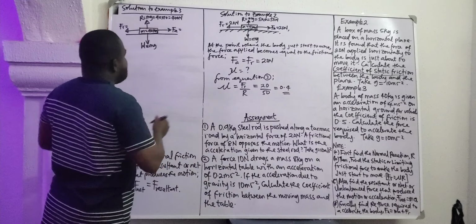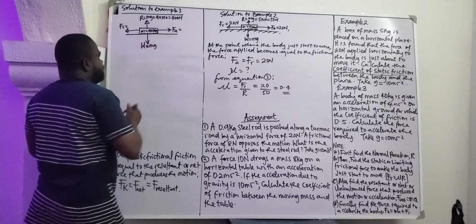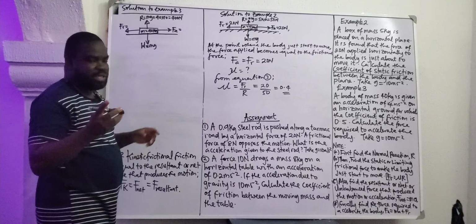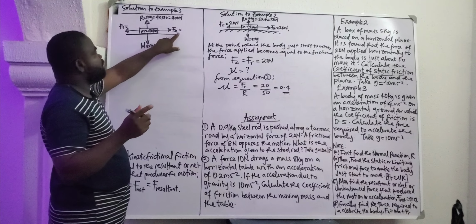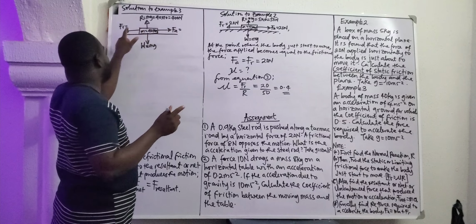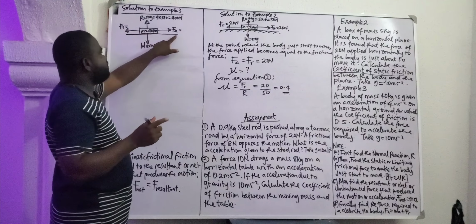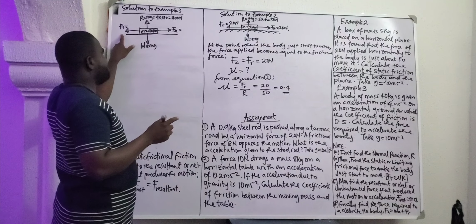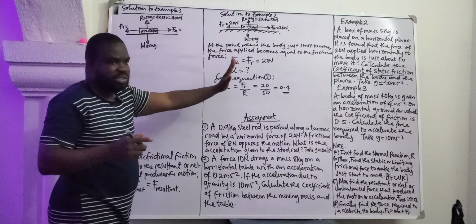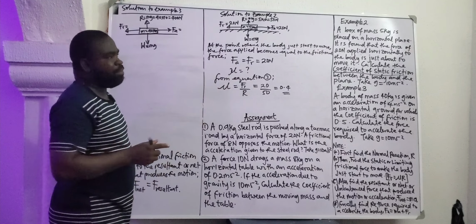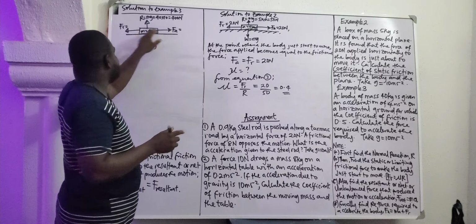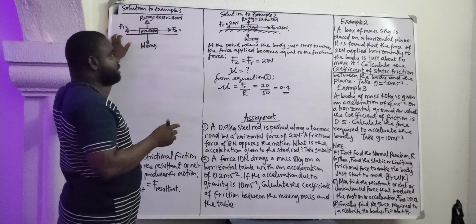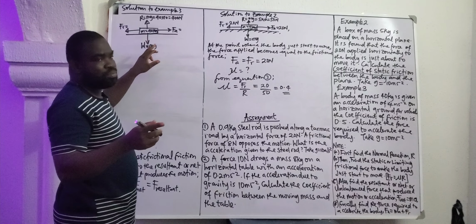Now, for this object to move, I'm explaining the dynamic friction now. For this object to move, it means the force applied has to be greater than the frictional force. And if the force applied is greater than the frictional force, then the object will move in the direction of the applied force. In that case, these two forces will not be equal again at dynamic friction.